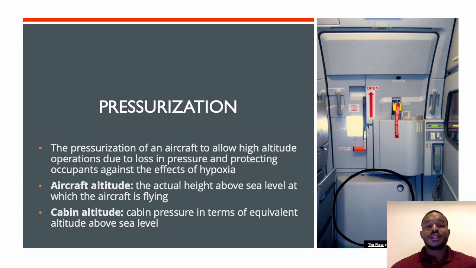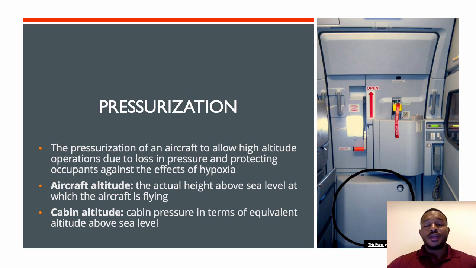Now, hypoxia is basically when the body lacks sufficient amount of oxygen or flow of oxygen. Although there are several types of hypoxia, such as stagnant hypoxia, histotoxic hypoxia, and anemic hypoxia, the one that's going to cover pressurization is going to be hypoxic hypoxia, and there is the same amount of oxygen at sea level as there is at higher altitudes, such as 32,000 feet.